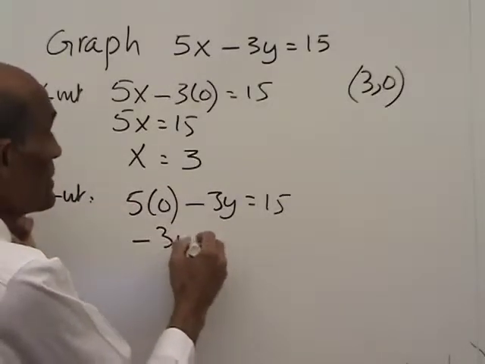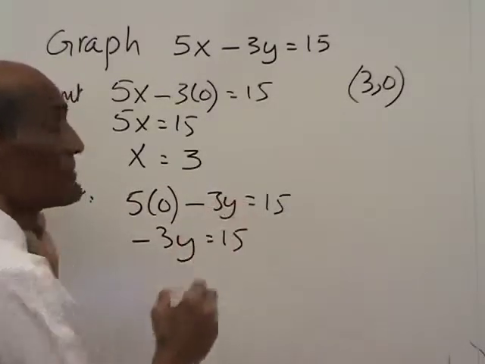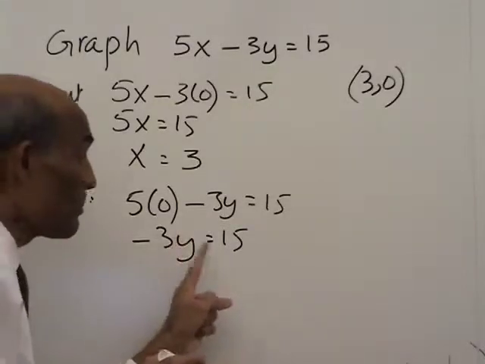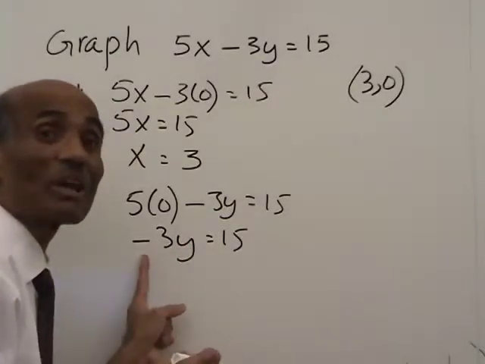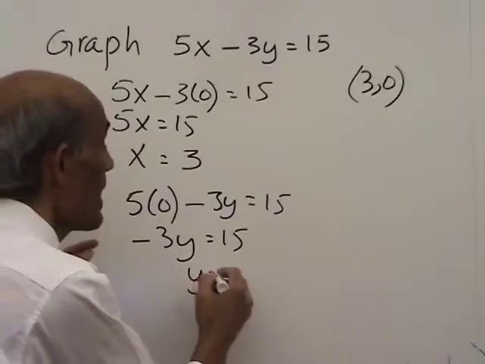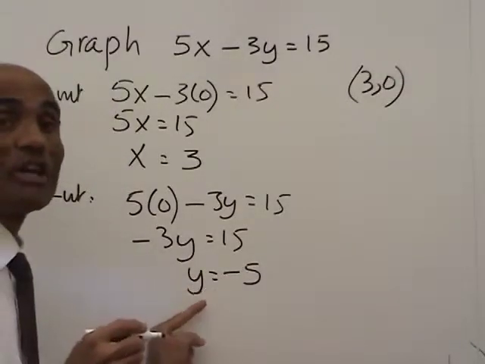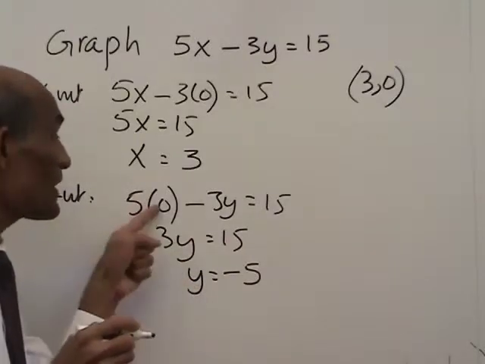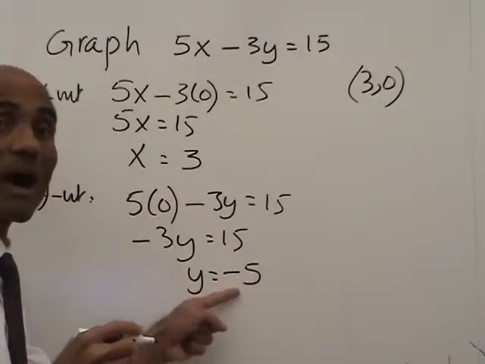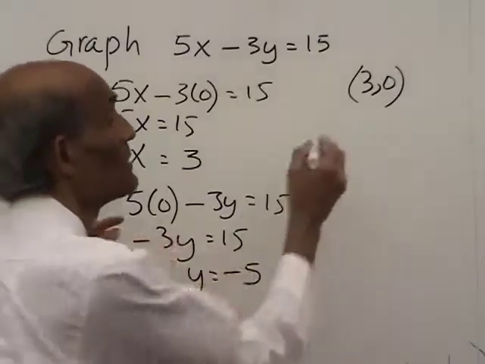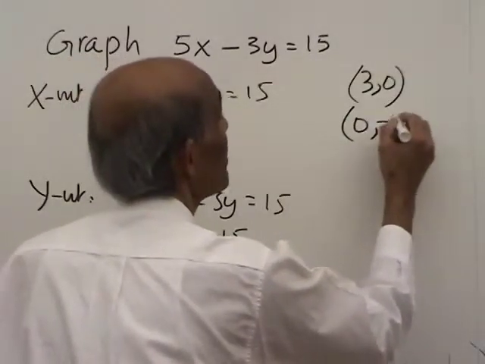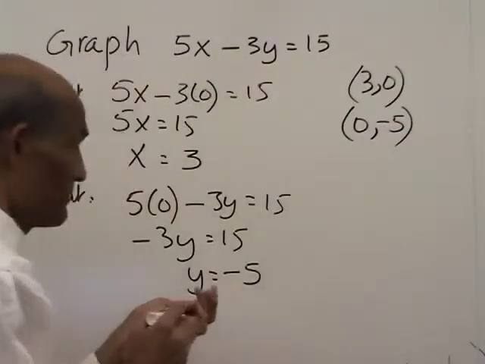That is negative 3y equal to 15. Divide both sides by negative 3. That will give me y equal to negative 5. So the y-intercept is x equal to 0, y equal to negative 5. That will be 0, negative 5.